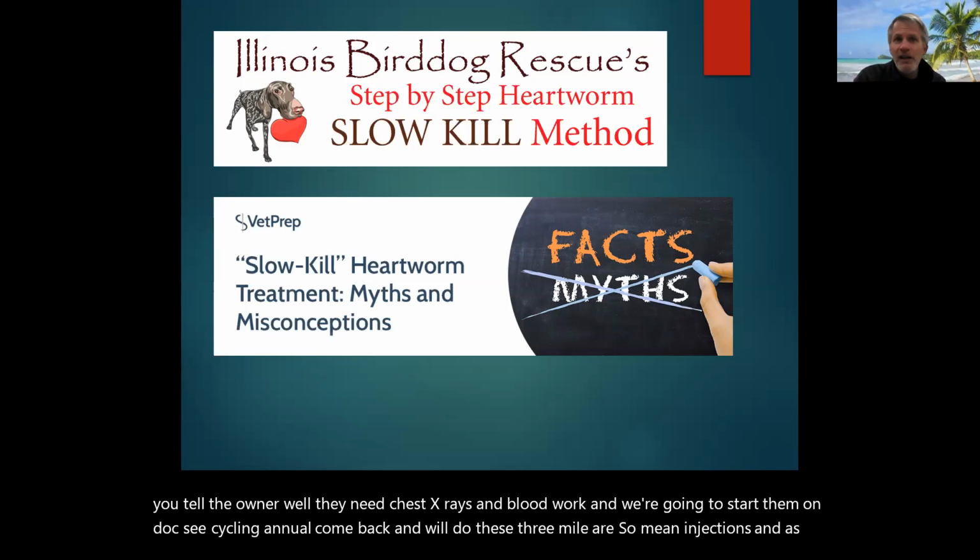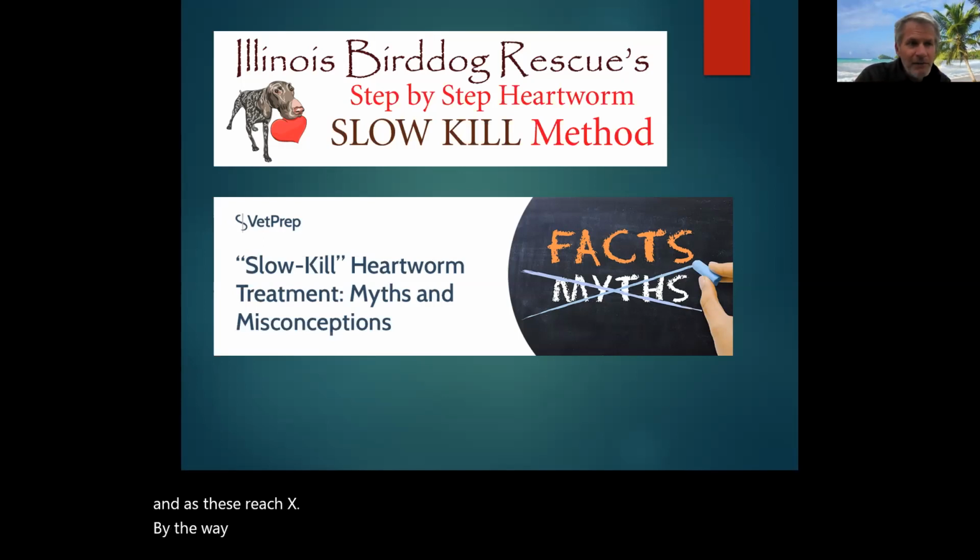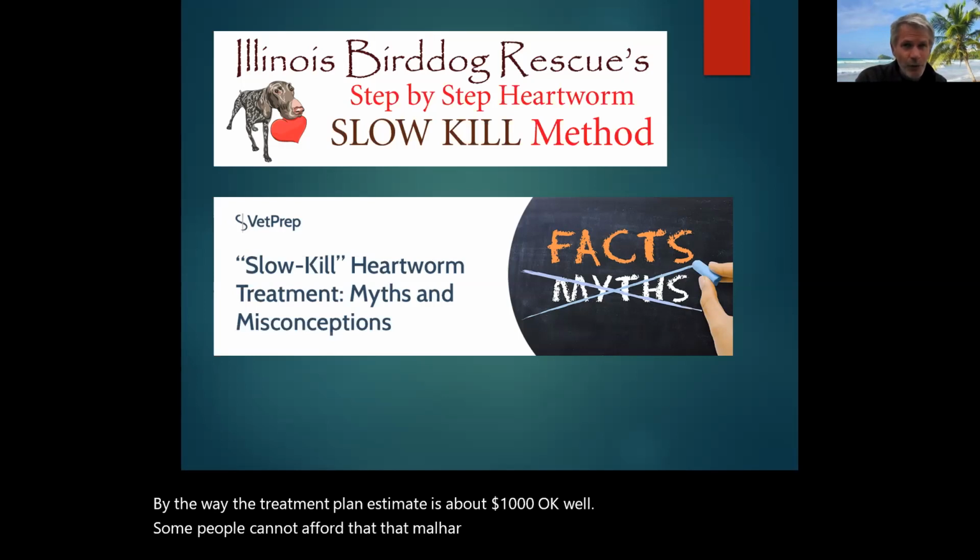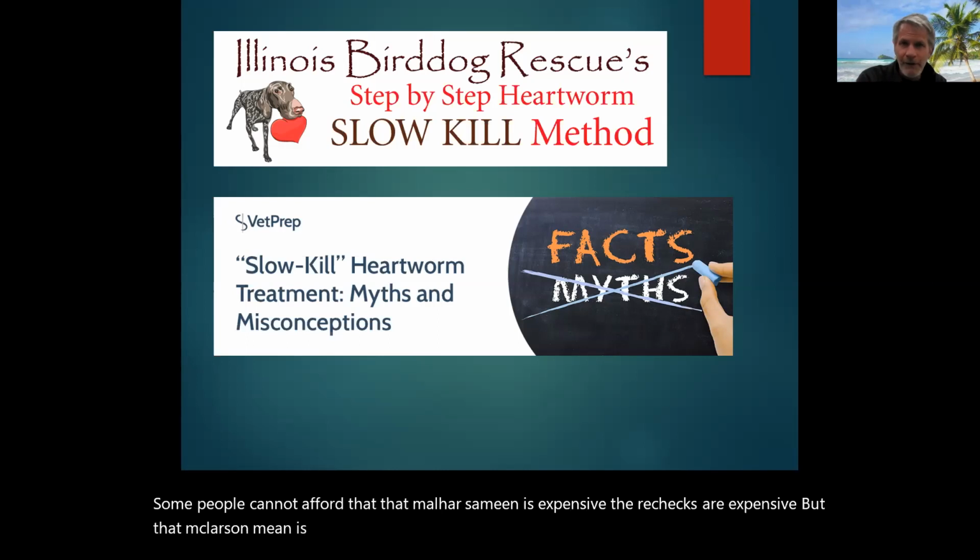And by the way, the treatment plan estimate is about $1,000. Okay, well, some people cannot afford that. That melarsomine is expensive, the rechecks are expensive, but that melarsomine that's $500 or $600 right there, I think. And some people can't afford it. Well, what do you do? Do you just say tough luck?